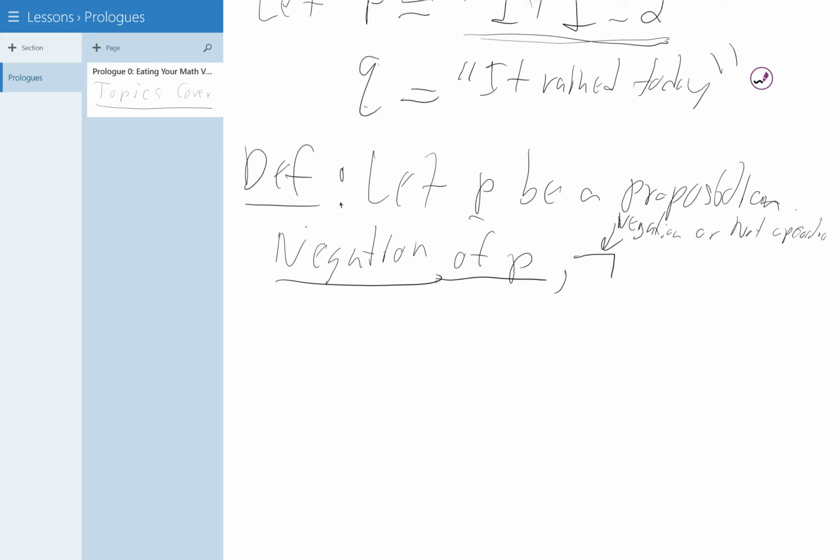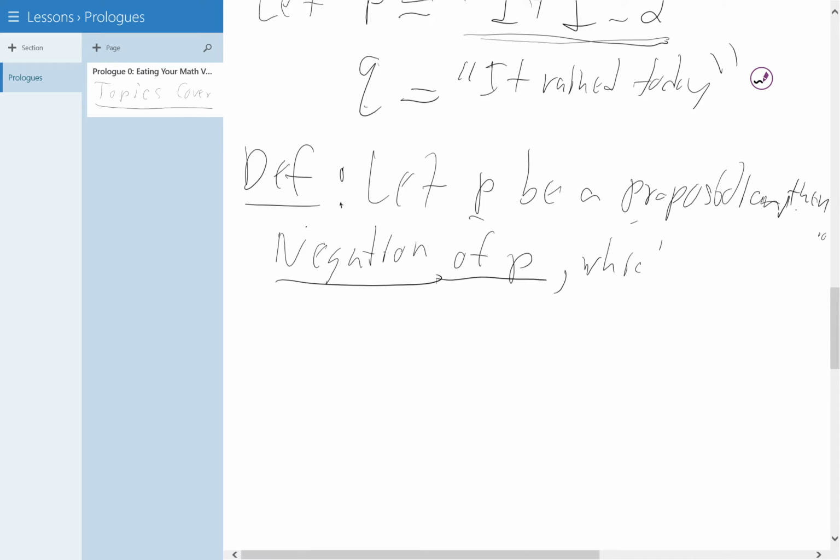The negation of P. Right? Let P be a proposition, then the negation of P, which we denote as not P. Denote means that this is a symbol we're going to attach to that term.